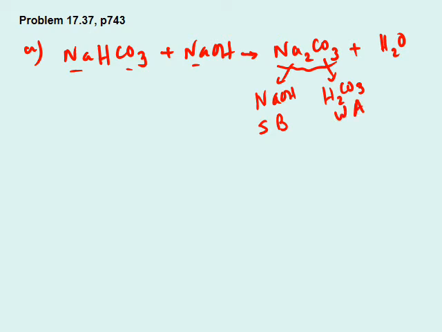Keep in mind, if you know the names of the strong acids, this would help you identify which ones are weak acids. Now, strong base, weak acid. The base, whichever is strong, is going to be dominant. So a strong base, weak acid salt would be basic, because the basic property dominates. And basic means pH greater than 7.